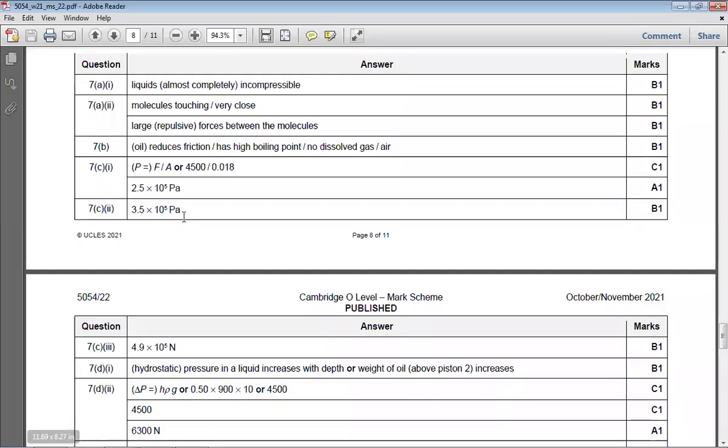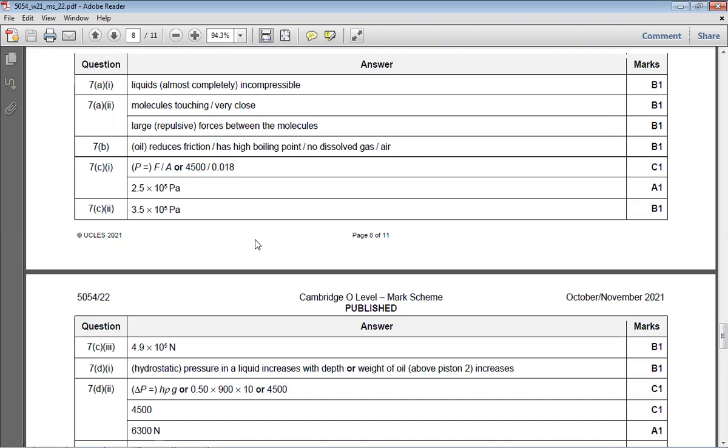So my dear students, we are done with question number 7 of section B of the October-November 2021 paper 2. The marking scheme of question number 7 is showing up on your screen. You can pause the video and take your time, read, check the answers, check my answers, check your answers, check your teacher's answers, and compare them with the marking scheme.